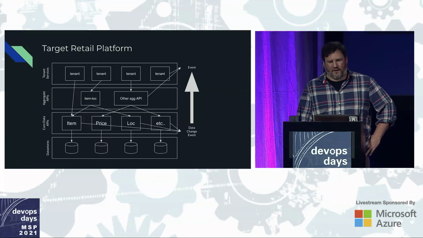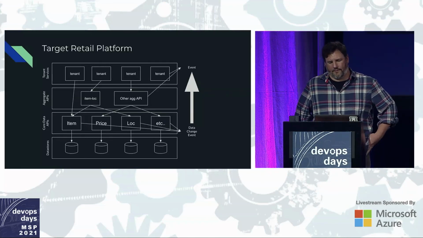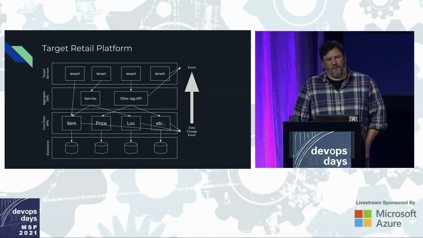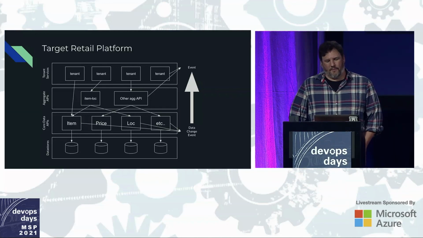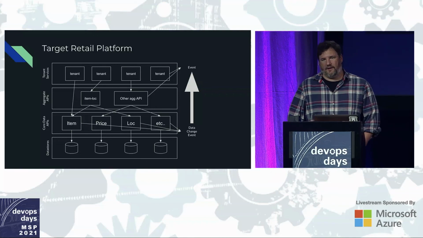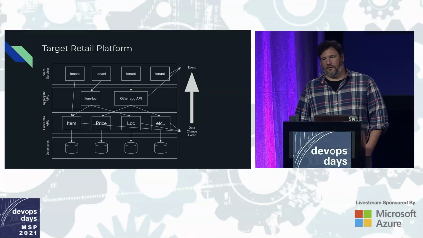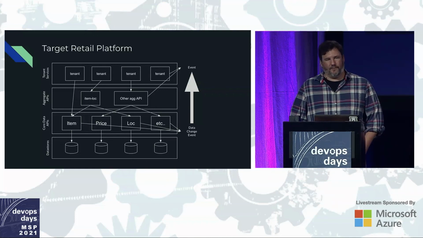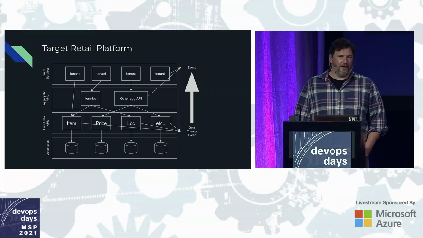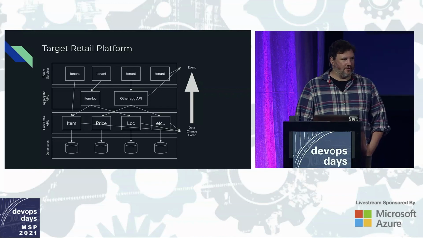So I'm going to start by talking about the Target Retail platform. In terms of data movement, maybe not actually surprising that DevOps and infrastructure can't do too much about pulling this off in a vacuum. There has to be application and service architecture that goes along with this.